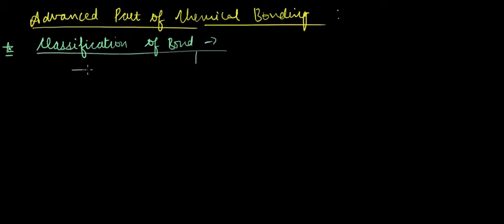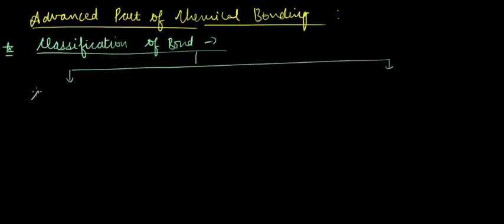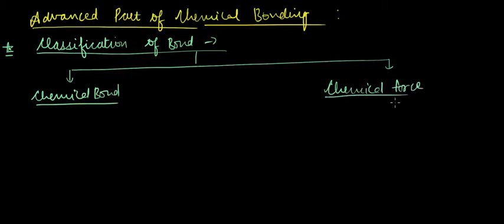One, we have seen, is the chemical bond, or the other is the chemical force. Chemical bond is obviously stronger than chemical force, which is a weak force of attraction.